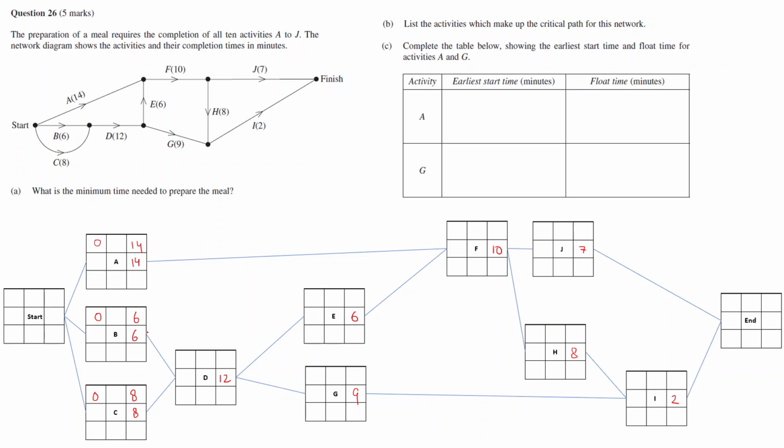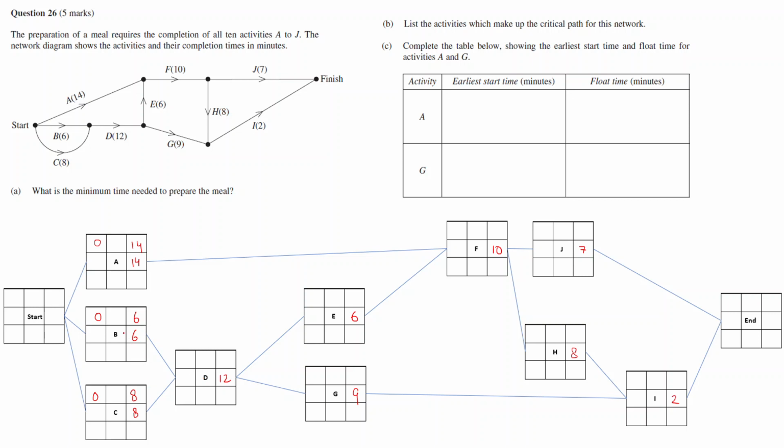Now for activity D, which is dependent on C and B, one would finish by 6 and the other by 8. You always take the maximum of the two, because D is dependent on both of them.